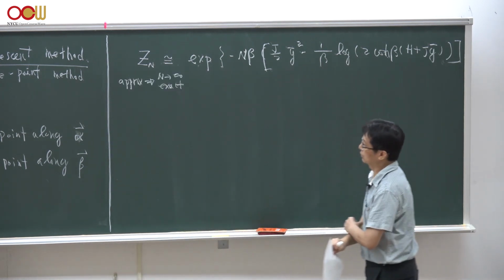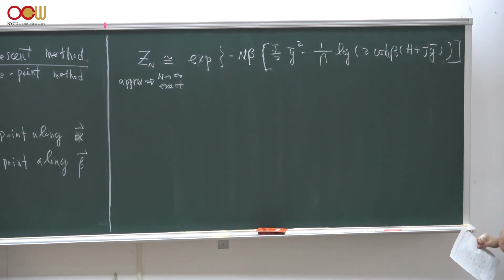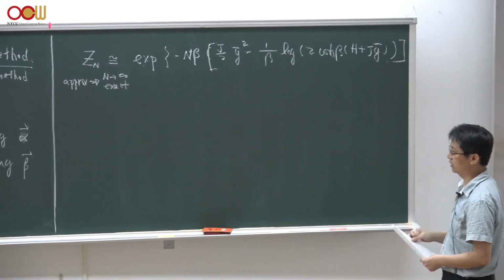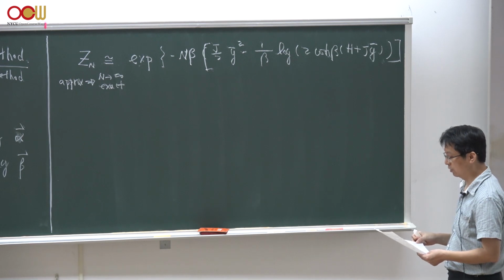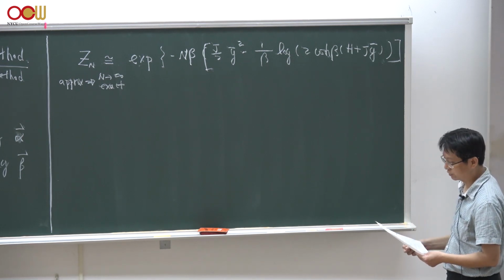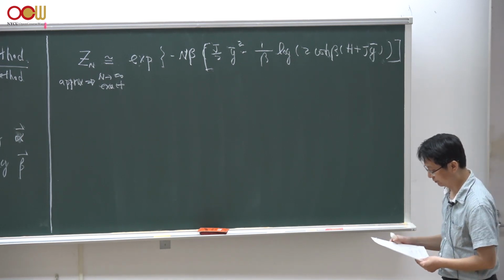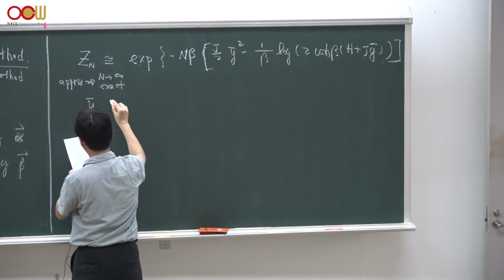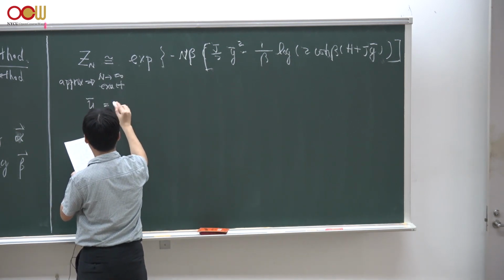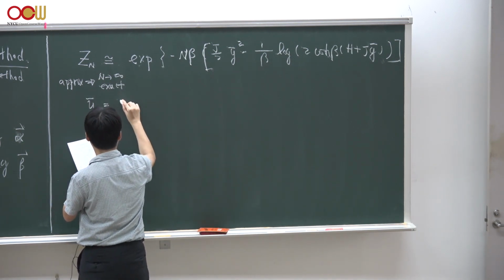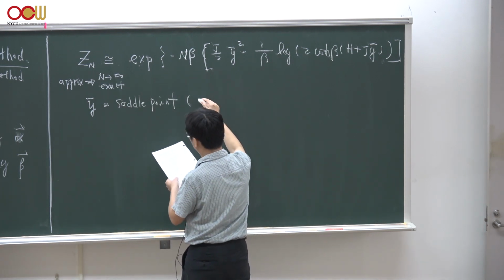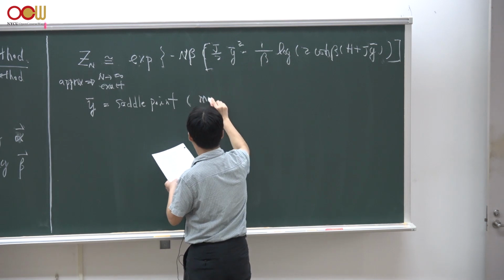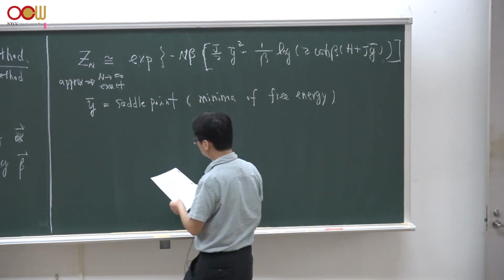Okay, so that's what we call this exactly solvable limit: the large N partition function, a saddle point solution where the saddle point gives rise to a minimum of free energy. So the existence of this saddle point, which we call y bar, in this case we hope and expect will be a minimum point of free energy.